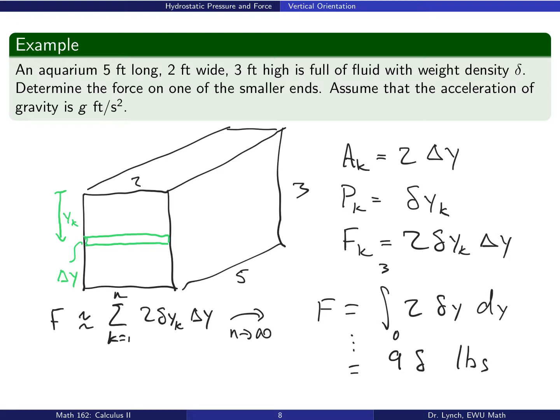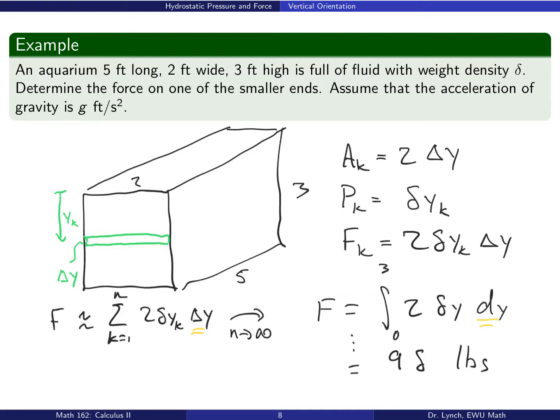Our y sub k's become y's, our delta y becomes dy, and our sum becomes an integral, in this case from 0 to 3, because those are the depths on which we divided up the interval. This is a quick integral to do, and we end up with 9 delta pounds as the force on the smaller end.